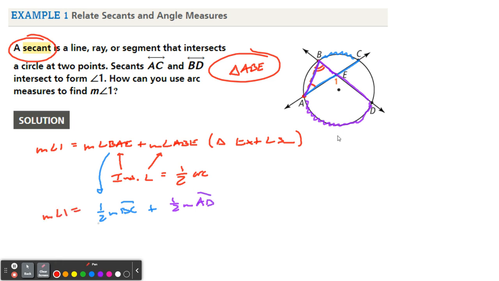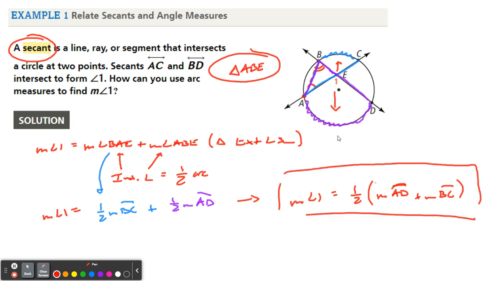If we factor out these 1/2s, we get this clever formula: the measure of angle 1 is equal to 1/2 times the measure of arc AD, which is the arc that angle 1 opens up to, plus the measure of arc BC, which is the arc that its vertical angle opens up to. This is a formula to find the measure of an angle formed by two chords or two secants inside of a circle.